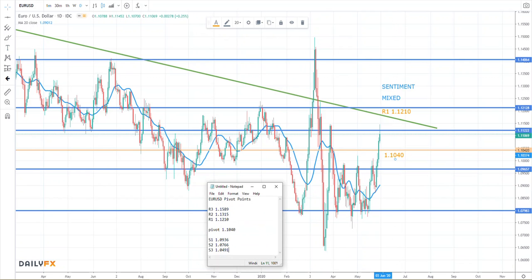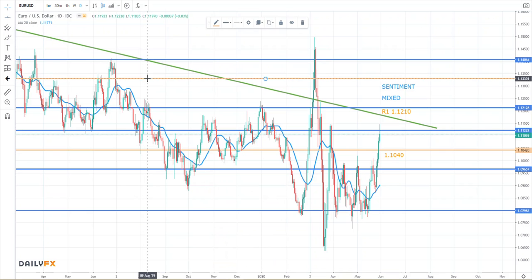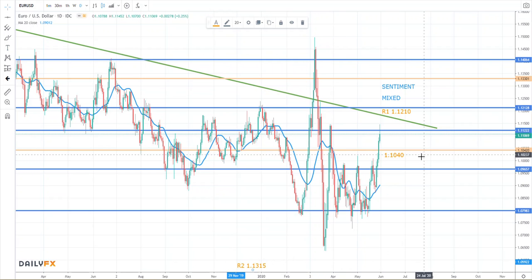Okay, R2, 1.1315 is R2. Put that there. So this is interesting.